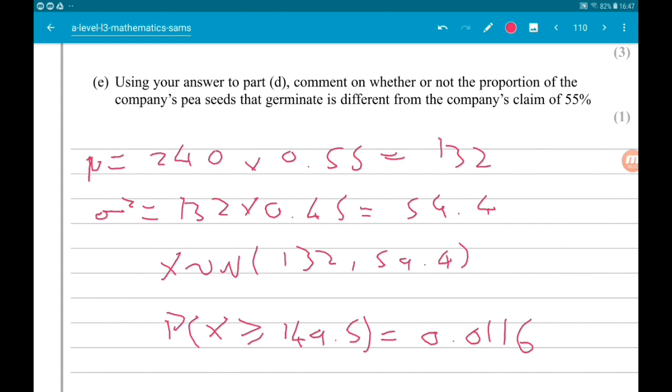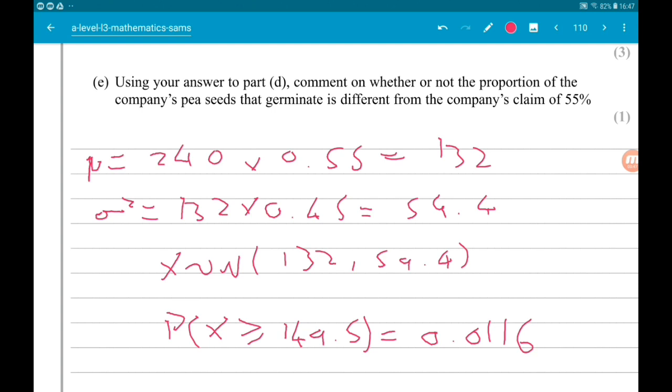So, what we have just shown in part D is that it's only 1.16% likely that out of those 240 seeds, 150 or more would germinate.